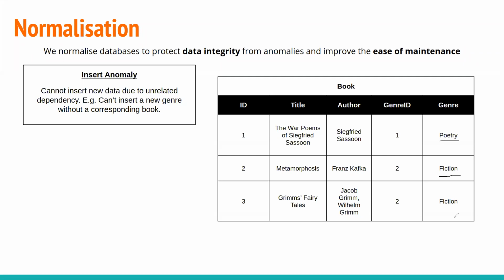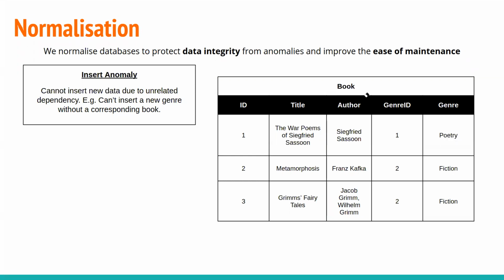If I wanted to add another genre, let's say I wanted to add the historical genre. Historical, yeah, exactly. So if we wanted to add a new genre, we would have to add a book with that genre, by the way our current database is structured.